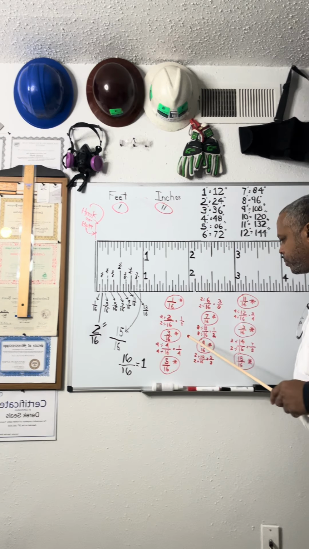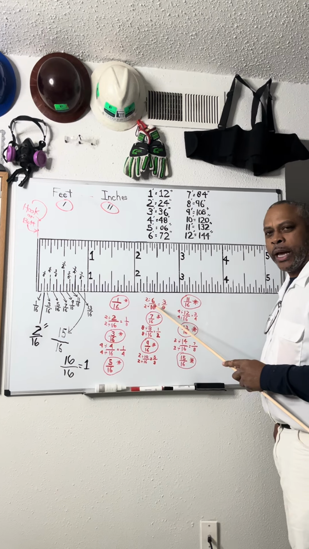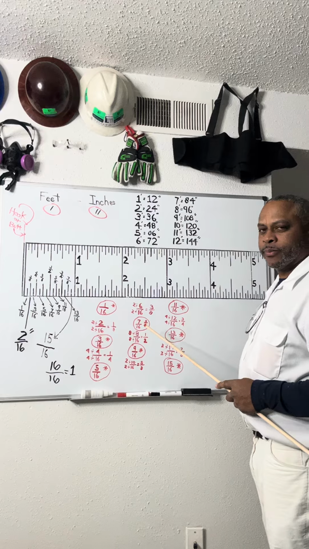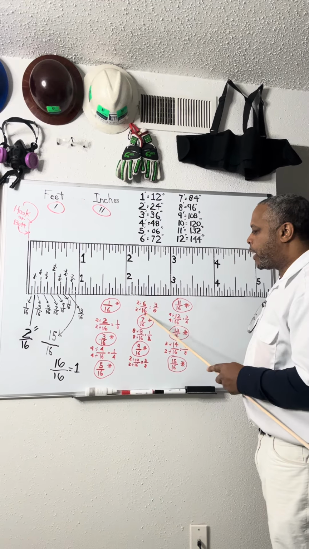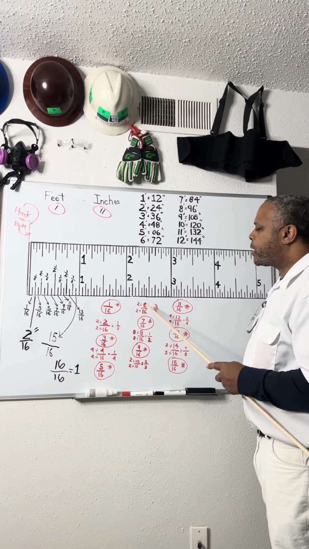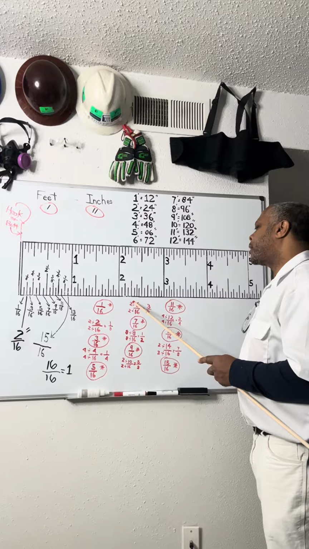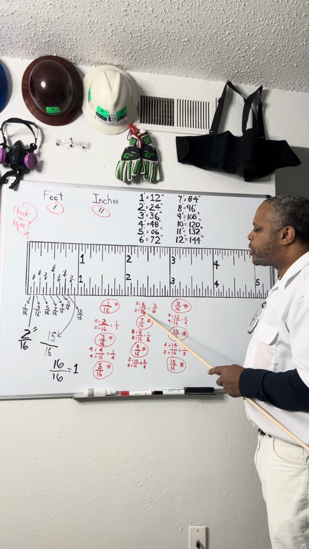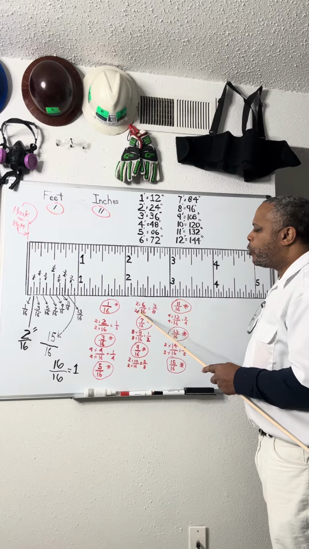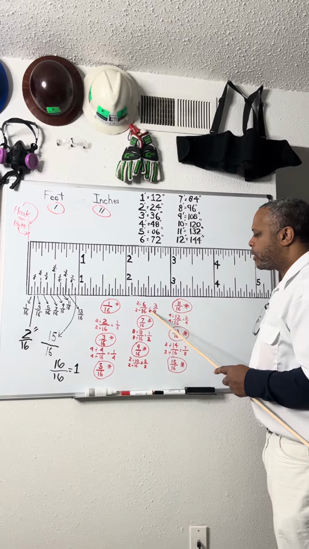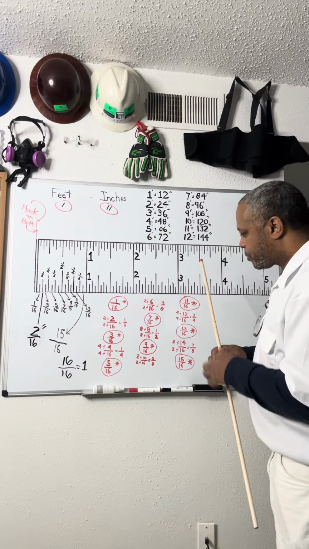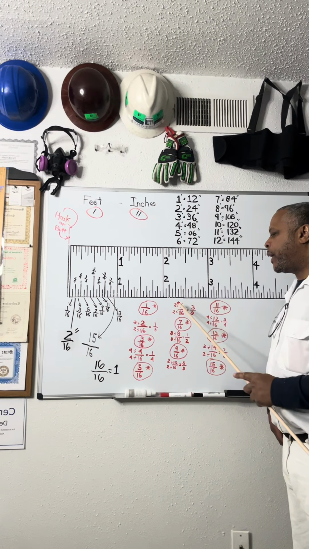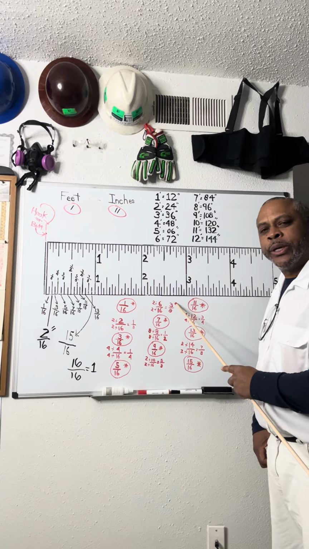So, 6/16 we have right here. Let's see, 2 divided by 6 is what? 3. 2 divided by 16 is 8. Well, how is that? Because when you look at 2 times 3, it gives you 6. When you look at 2 times 8, you have 16. So 2 goes into 6 3 times.